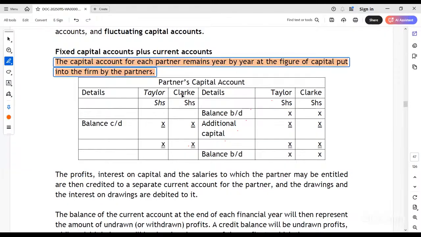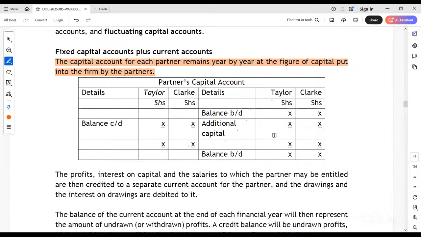So this is the format. Partners' capital account. You show the names of the partners, details. You put the balance brought down on the credit side. Since this is equity, according to the rules of double entry, the capital account has a normal credit balance. The balance brought down should appear on the credit.